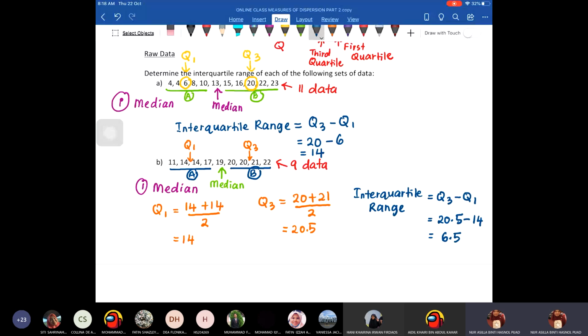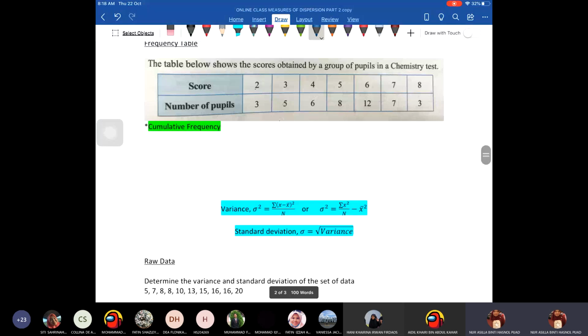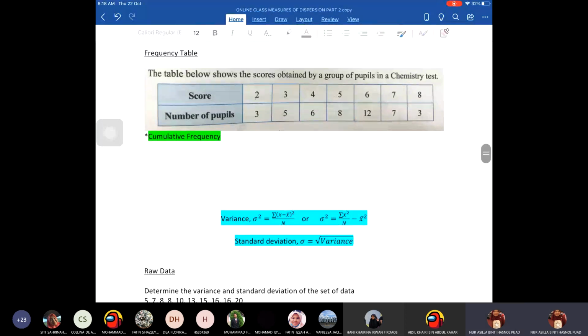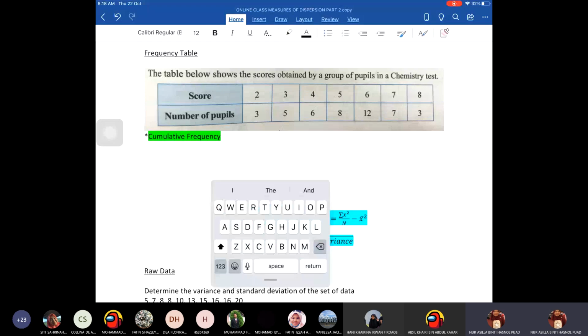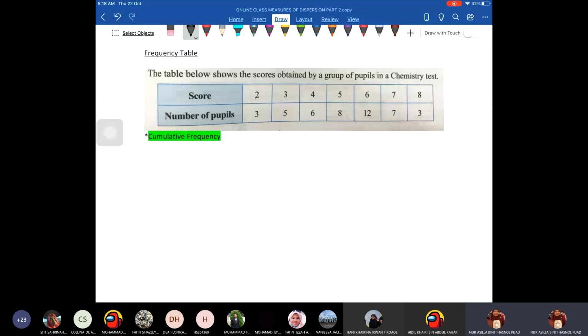Now if the question gives you a frequency table, there's one thing that you have to add in your frequency table.